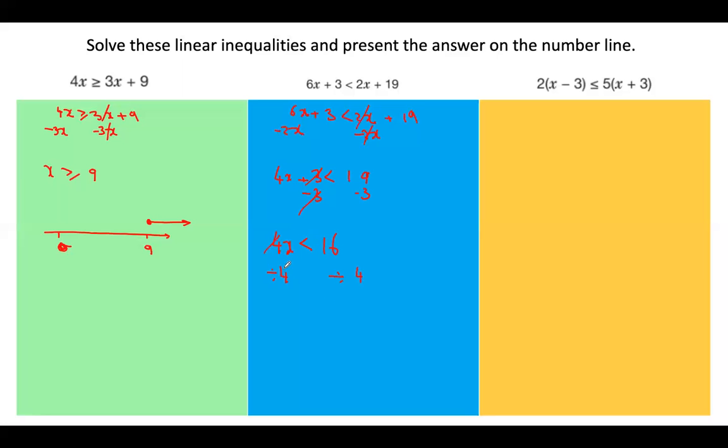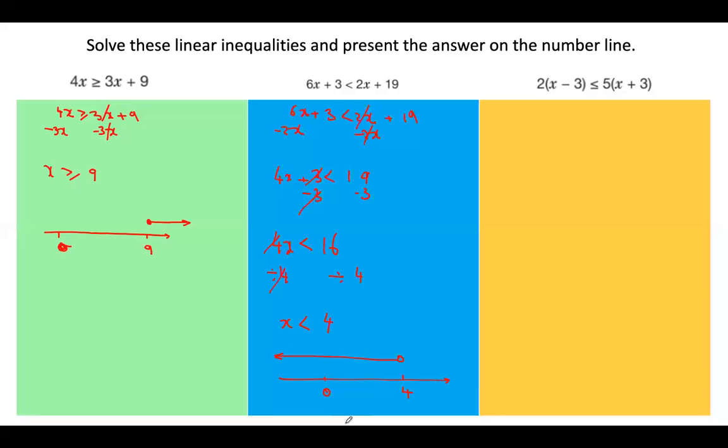So that's how you eliminate the 4 here, okay? So x smaller than 16 divided by 4, 4. Draw the number line. Place the 0 somewhere here, and 4 is not included in the solution, so it's got to be an empty circle, and smaller than 4. So the rest of the solution is part of this arrow here, okay?